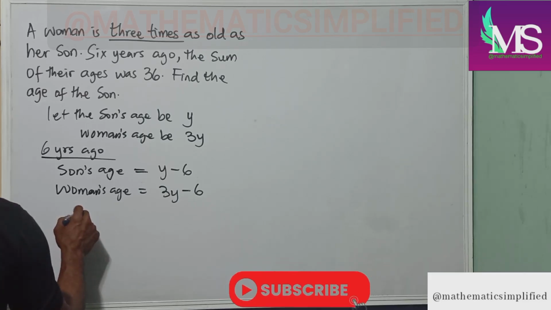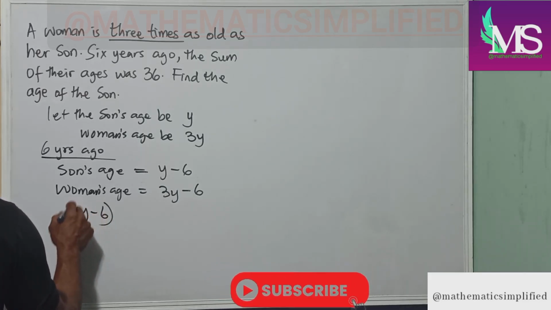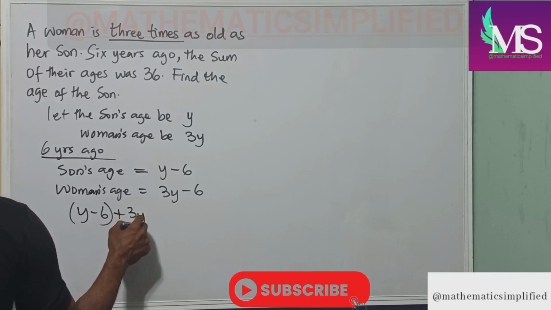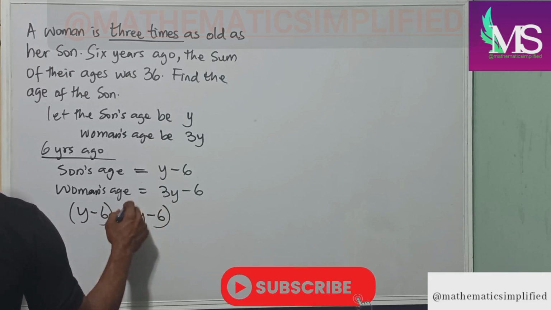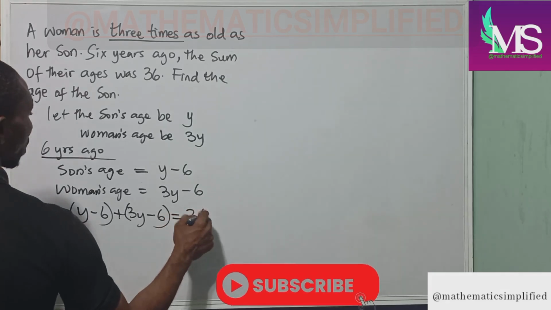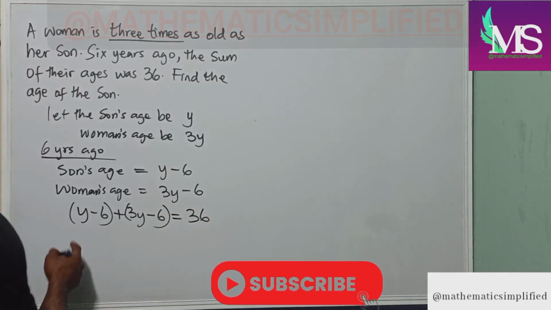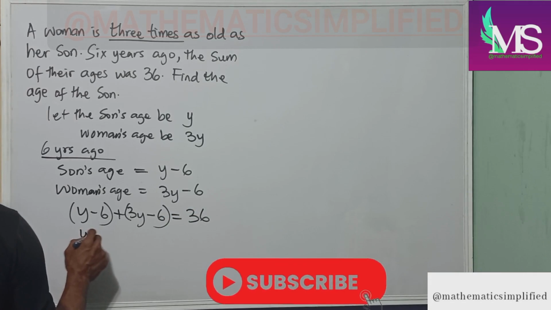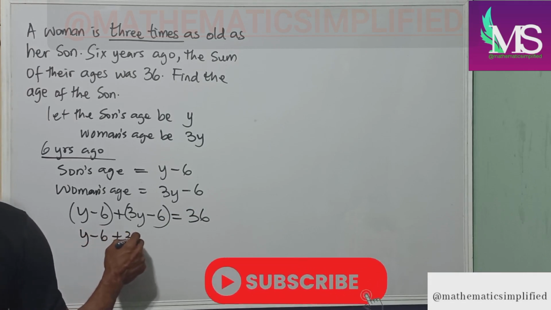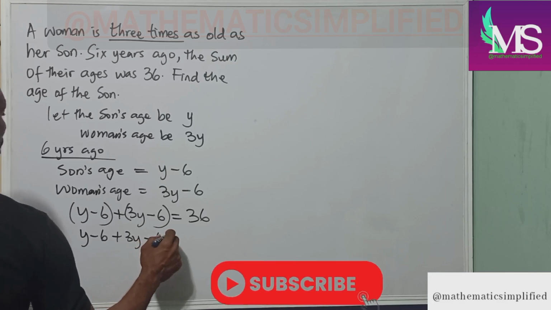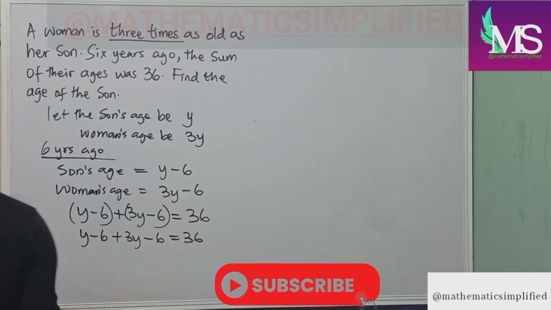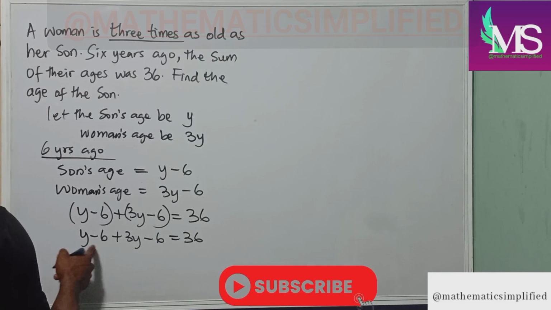So this gives us y minus 6 plus 3y minus 6 equals 36. Okay, opening up this, we have y minus 6 plus 3y minus 6 equals 36. So we collect like terms.